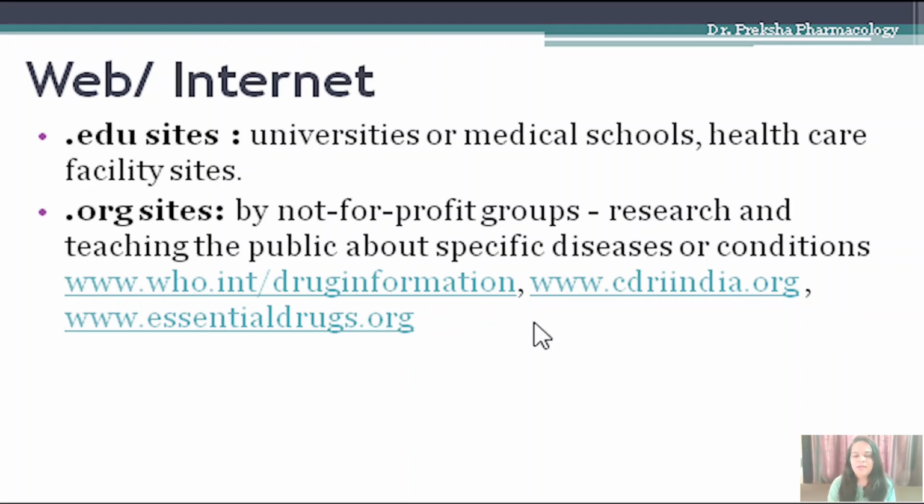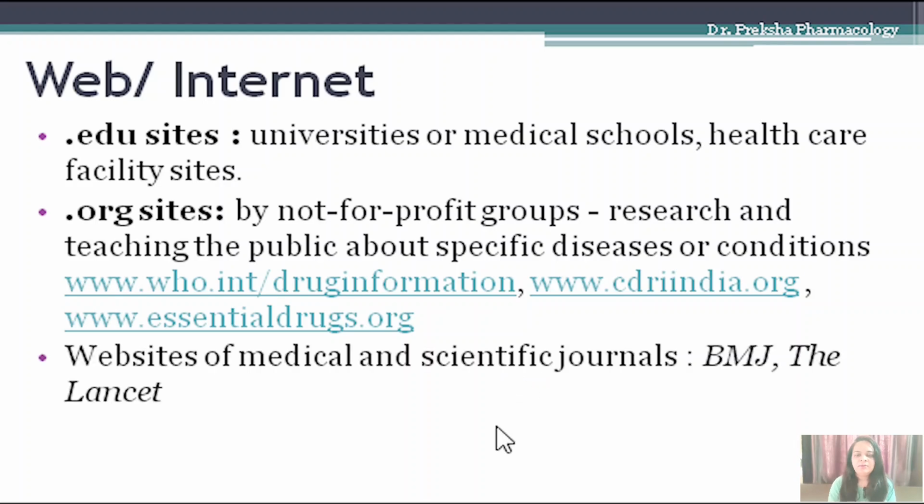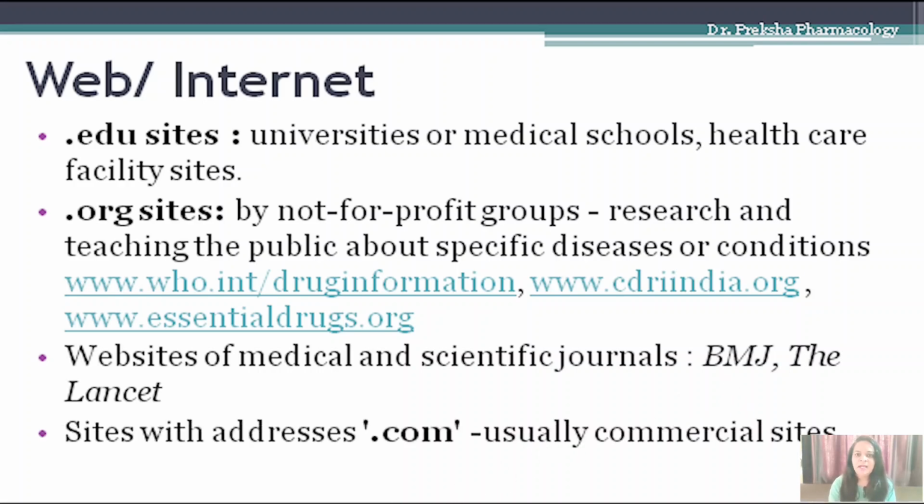They provide information about drugs, like CDRI India.org or essentialdrugs.org. Then there are websites of medical scientific journals like the British Medical Journal or the Lancet. Sites with addresses like .com are usually commercial sites of drug information.